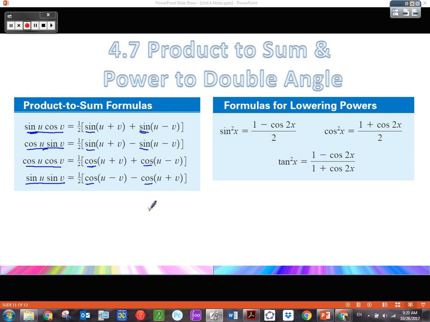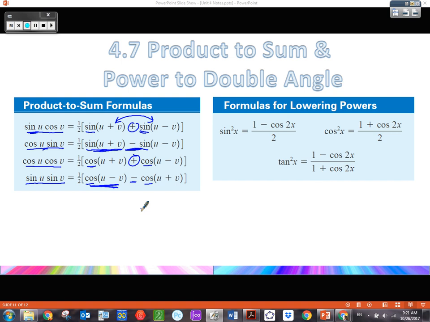I also want you to note that for the sums, it doesn't matter what order you have these two in. You can have u minus v or u plus v. It doesn't matter, because when we're adding, it doesn't matter what order we add in. But for the subtractions, this makes a big difference. This one needs to come first for the subtraction ones.